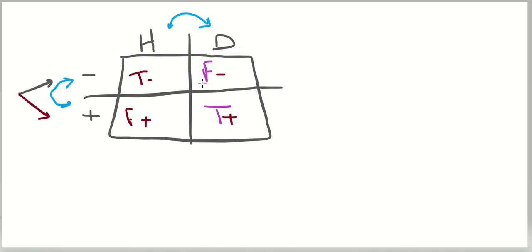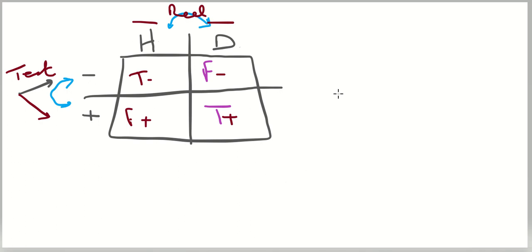Now, if you think about it, what you have on top here and here is the reality, the real state of the patient. And what you have here is what the test is saying. So these four scenarios were made based on the setup that we have reality and we have test.